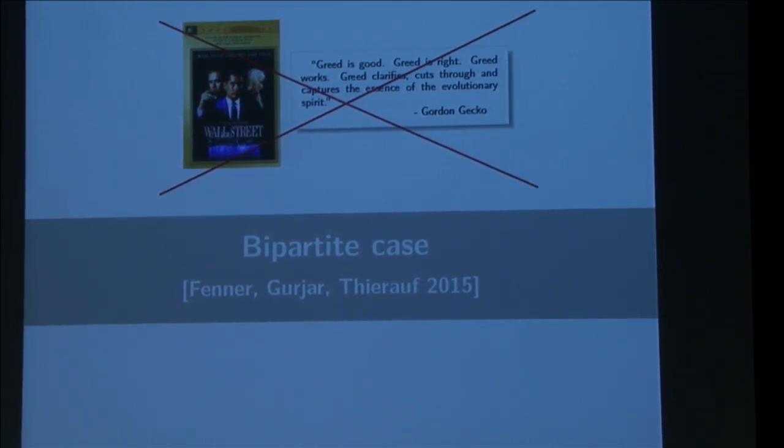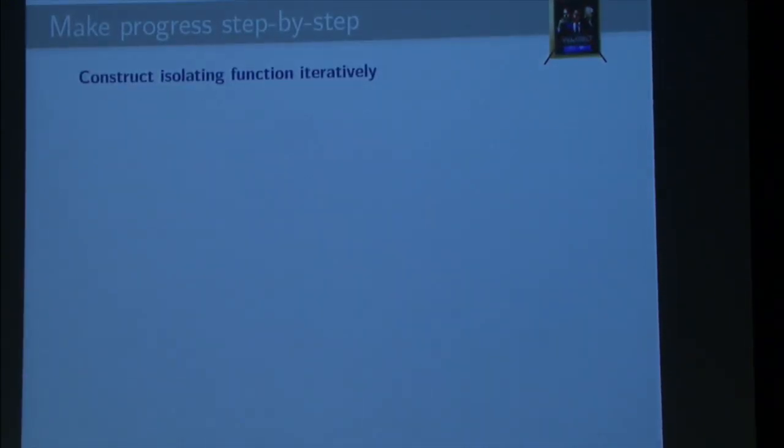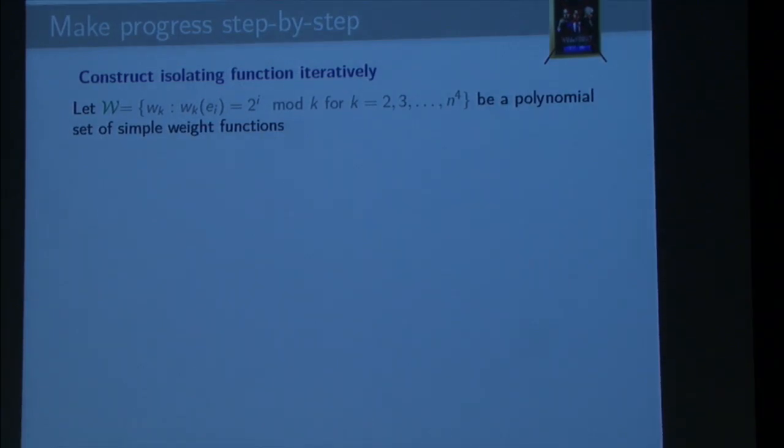All right. So we wanted to have a family that was isolating. Okay, here's a nice family of weight functions. You start with this trivial weight function. Now you take mod k. For each k, you get a new weight function.